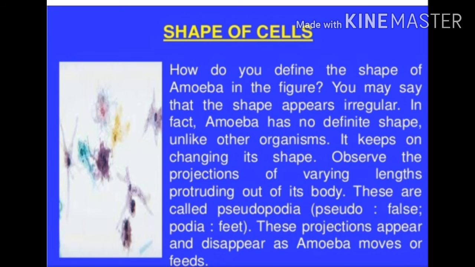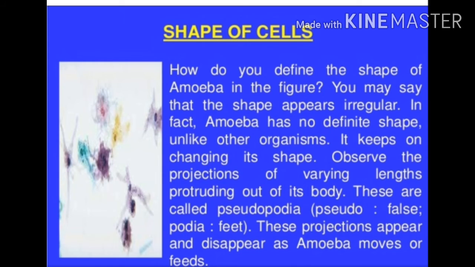Children, if we take pond water and make a slide from a drop of pond water, then we are able to see amoeba-like organisms. In the picture, the amoeba is from the slide. Now, can we define the shape of the amoeba? No, amoeba doesn't have any regular shape. Its shape changes when it moves or feeds.